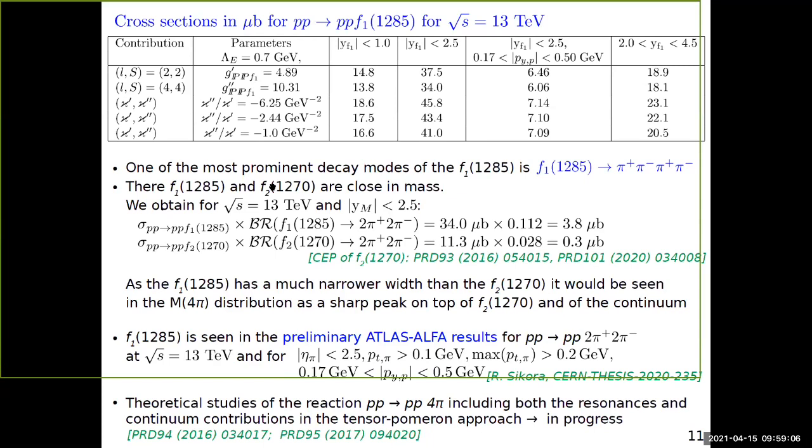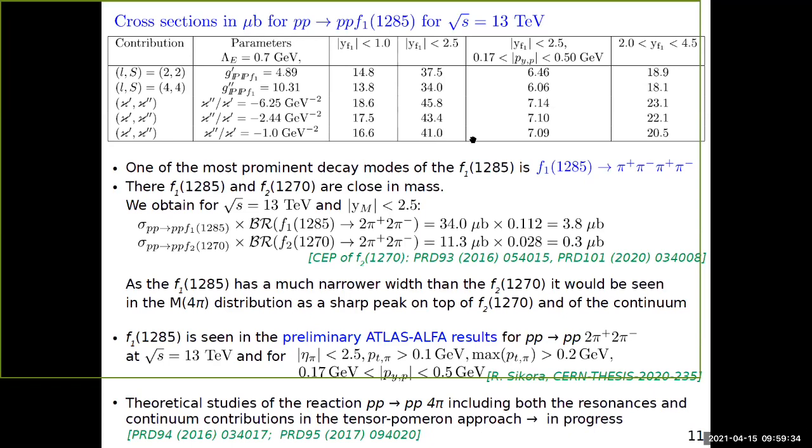Because of the possible influence of non-leading exchanges at low energies where the parameters are fixed, these predictions for cross sections at the LHC should be viewed rather as upper limits. We estimated that the possible reduction due to Reggeons could be by a factor of up to 4 related to the LHC predictions. The four-charged-pion decay channel seems well suited to measure the F1 meson in CEP.